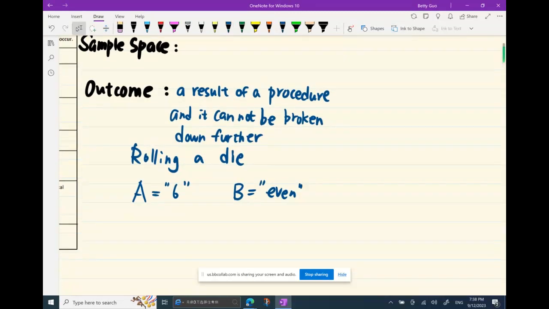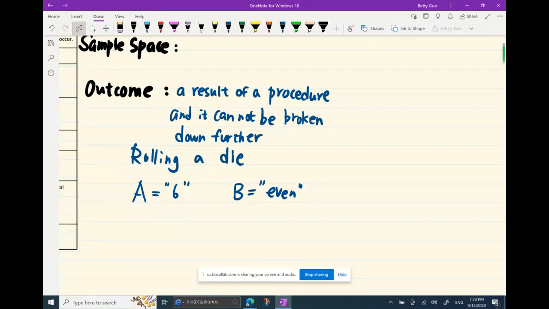Let's use the definition of outcome to determine which one between A and B is an outcome, and which one is not. They are both results of the procedure, right? If you roll a die and you observe the number, and if the result is number 6, then A occurs.